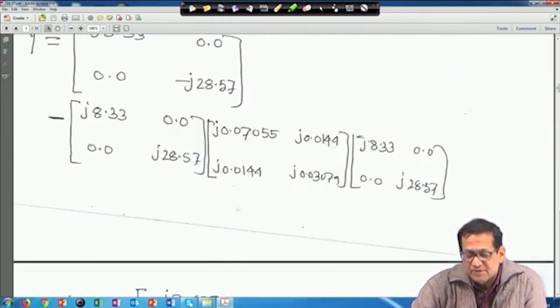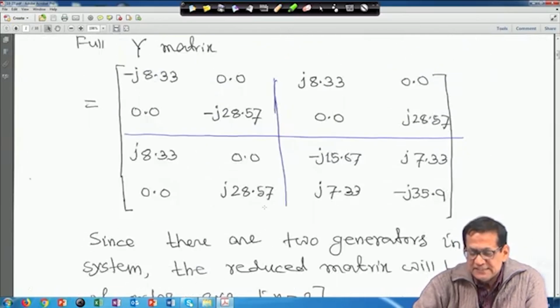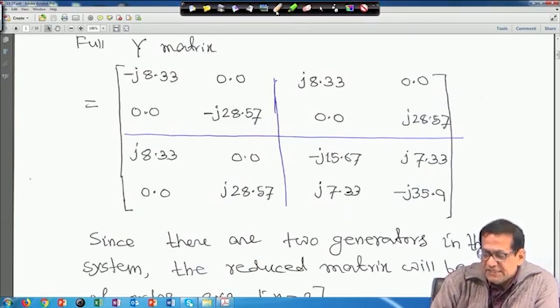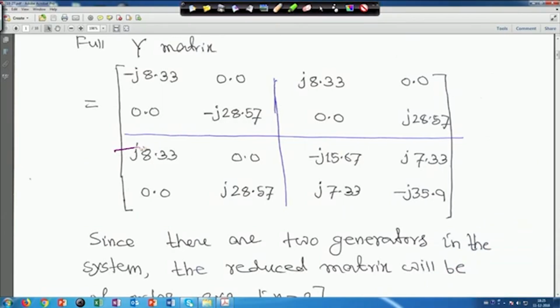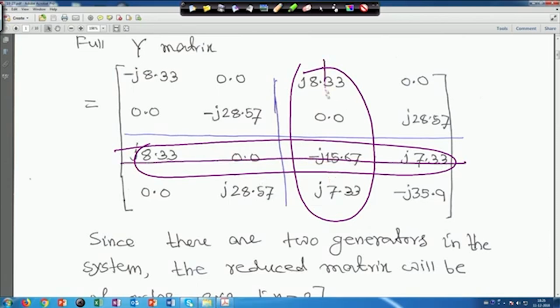That means, from this matrix, a fault has occurred at bus 3, so this third row and this third column should not be there. Basically, all these elements will be 0 during fault, so this should be removed and this should be removed.